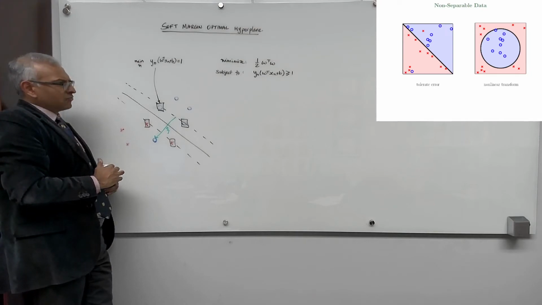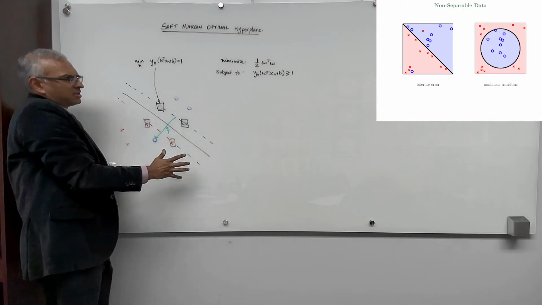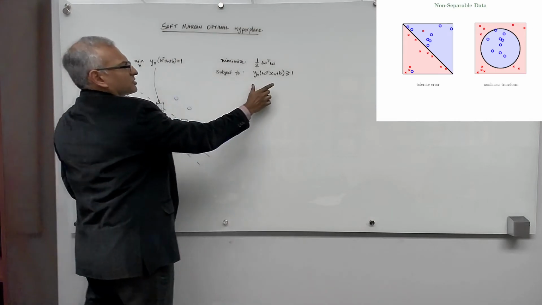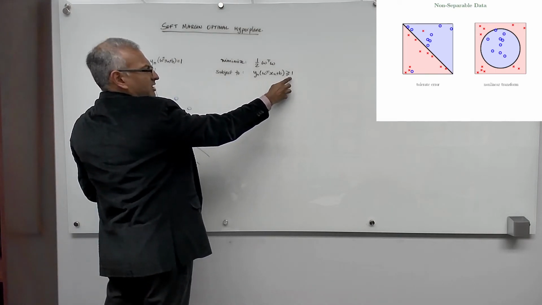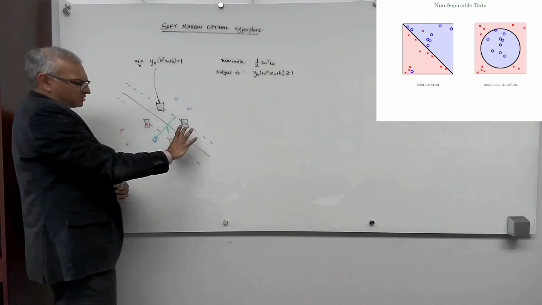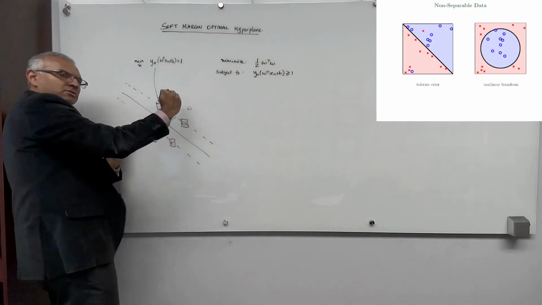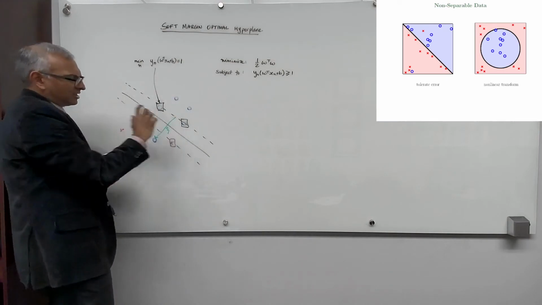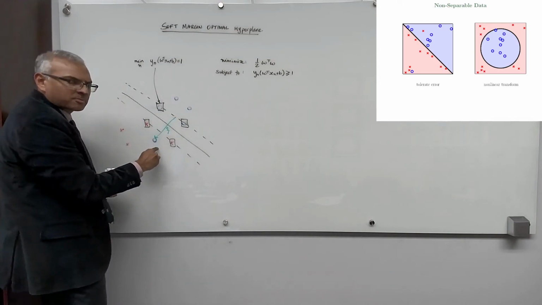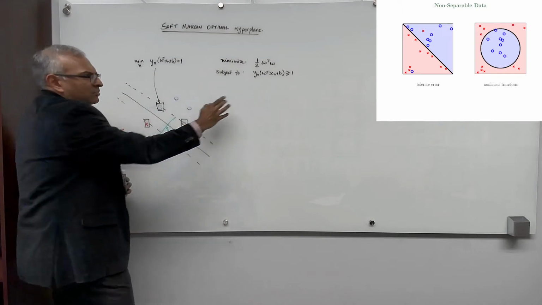If we're going to allow non-separable data, then we should not enforce the constraint that this has to be greater or equal to 1. It is equal to 1 for the support vectors that are preventing the cushion from expanding, greater than 1 for the points that are more than separated by the thick margin, and less than 1 for the points that are not separated by the thick separator.